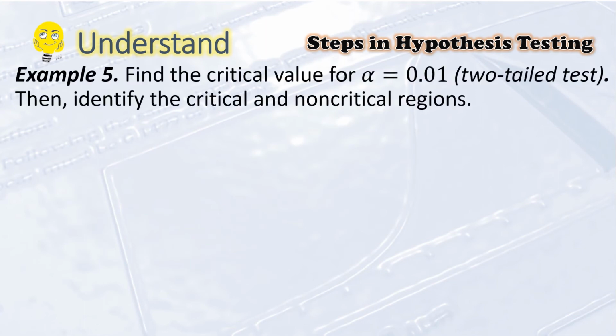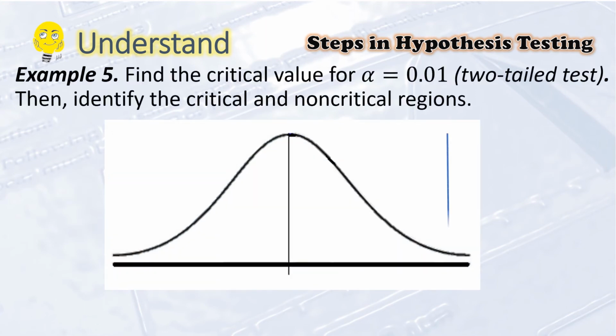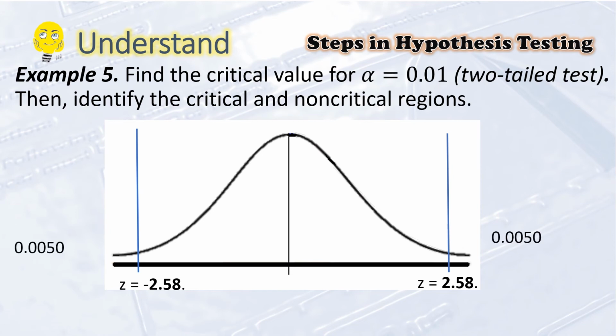The critical and non-critical regions: we have already identified the z critical values as negative 2.58 to the left of the mean and positive 2.58 to the right of the mean. The critical regions have area 0.0050 to the left and to the right of the mean. Therefore, the non-critical region has an area of 0.9900.